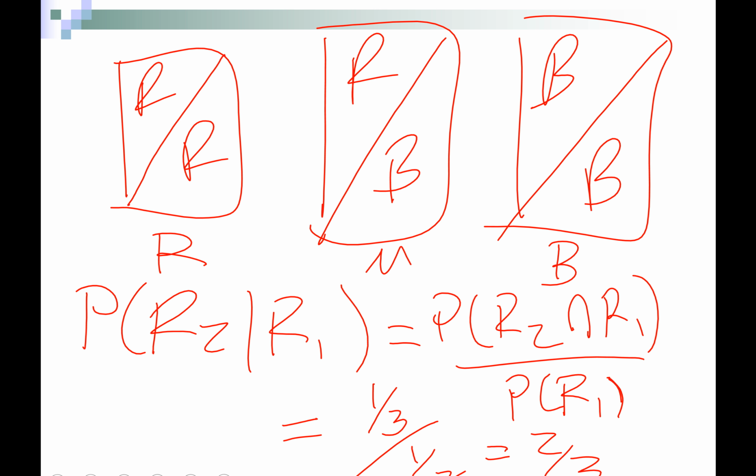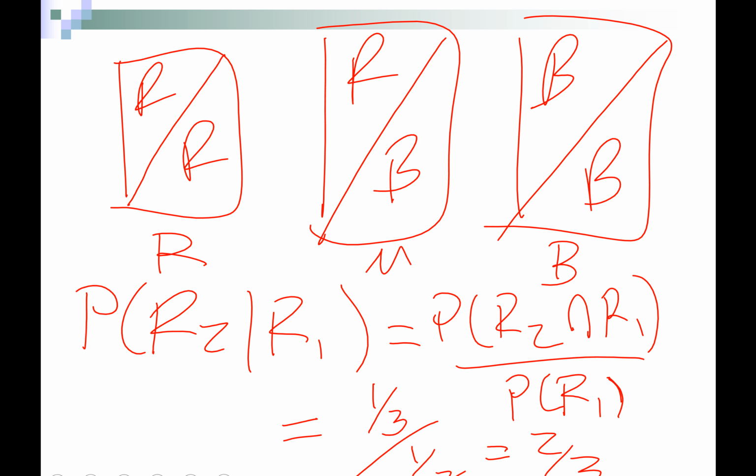It's very important to know what kind of information you have, and what the information is telling you. In this case, I pulled out a card. If it's the red card, how many ways can I see a red side? There are 2 ways, so there are two red sides. If I pull out the red and blue card, how many ways are there to see a red side? Just 1.